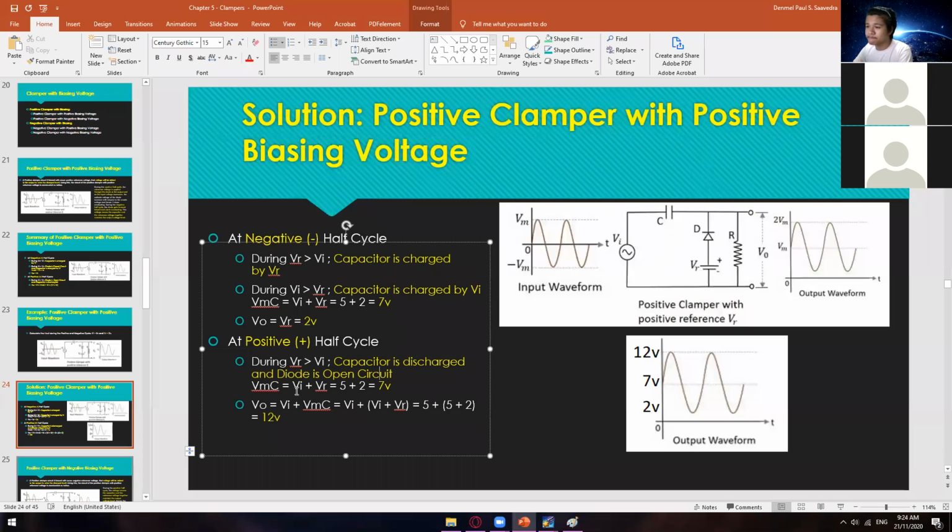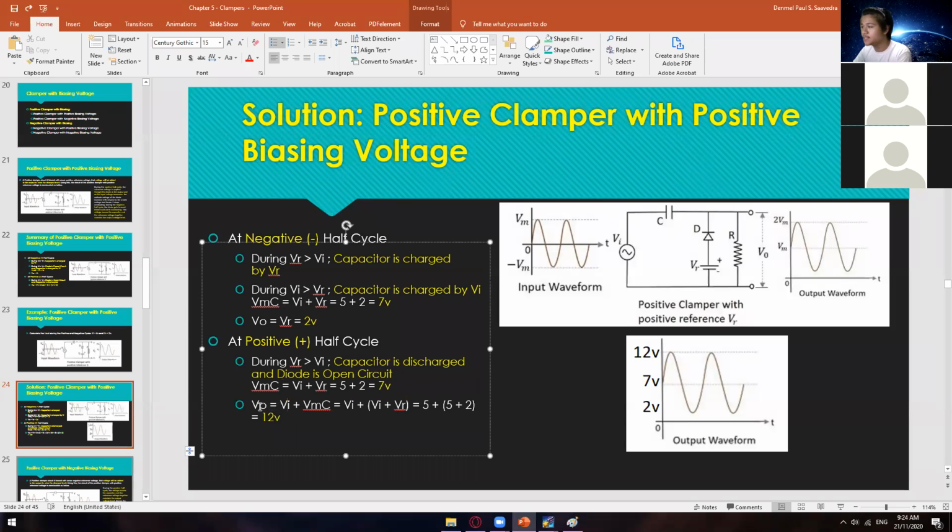And it will only be added with our V sub I. So basically, VMC is equal to, the same, this one came from here. Okay, so this is not another calculation. So VMC came from our negative half cycle.